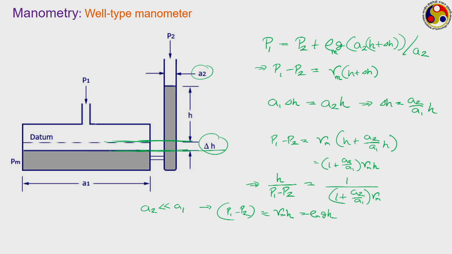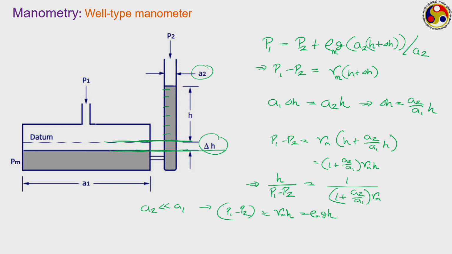So, assuming the fluid density to remain constant, and this g, gravitational acceleration, can also be assumed to be constant, then we have P1 minus P2 to be a linear function of h, and therefore, on this particular cylinder surface we can also put a proper length scale, which can be directly calibrated in terms of the pressure difference.